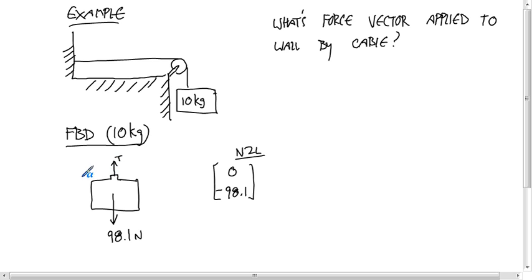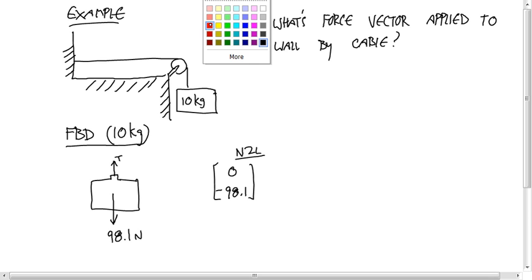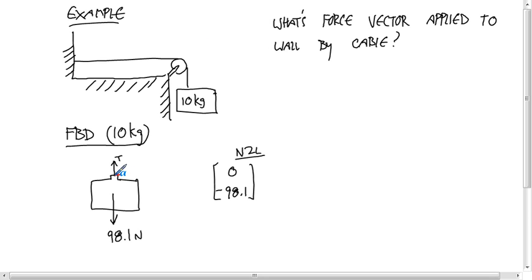Or you can imagine putting a small coordinate system at the tail of that vector and looking for the angle from the positive x-axis, in this case the counterclockwise angle. That would be 90 degrees. So you'd have T times cosine of 90, T times sine of 90.